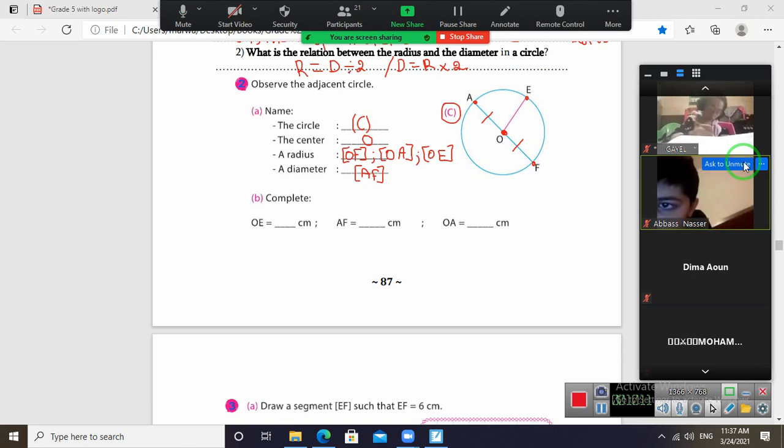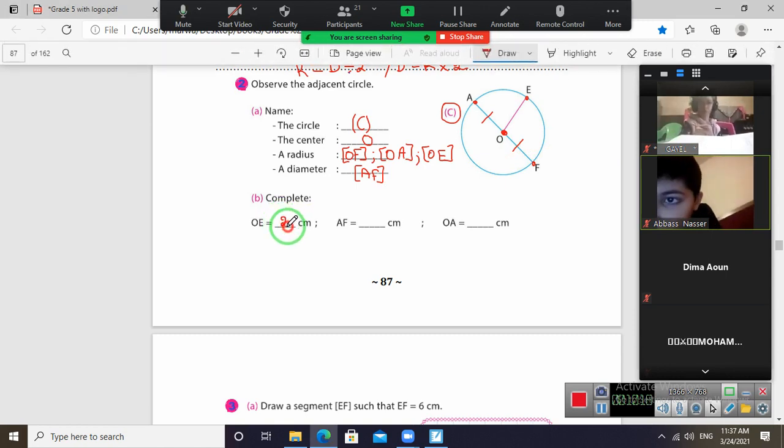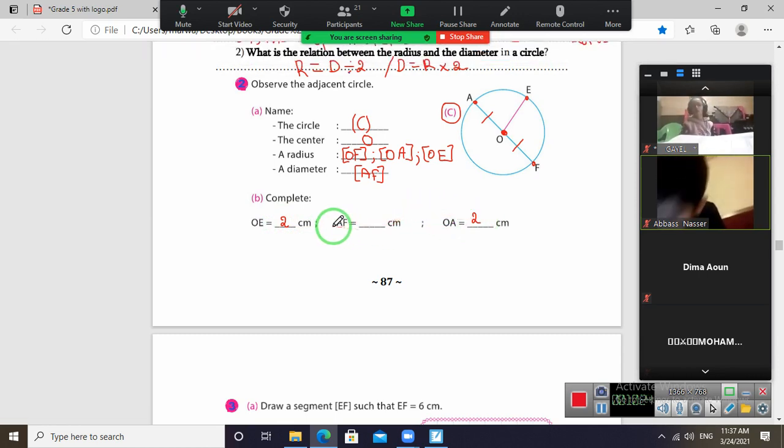Now, here I want to tell you something. Maybe some students measure OE and write 2 centimeters. So OA should equal 2 centimeters since they are radii, and AF is the diameter, which should be double the radius. If the radius is 2, then the diameter is 4.